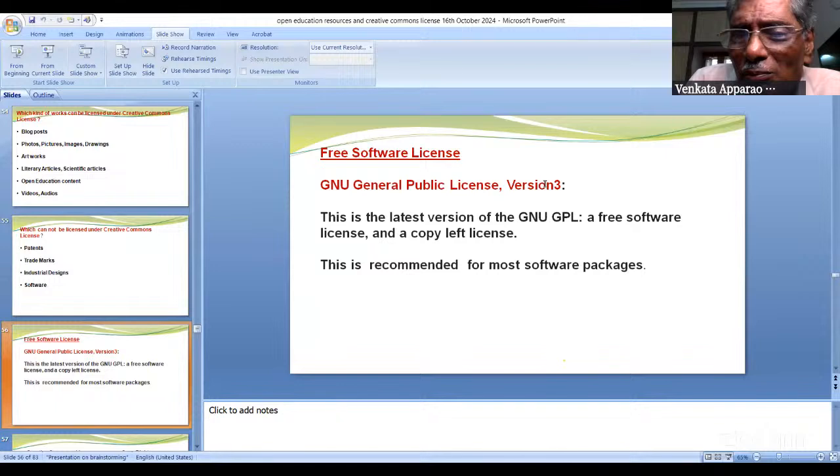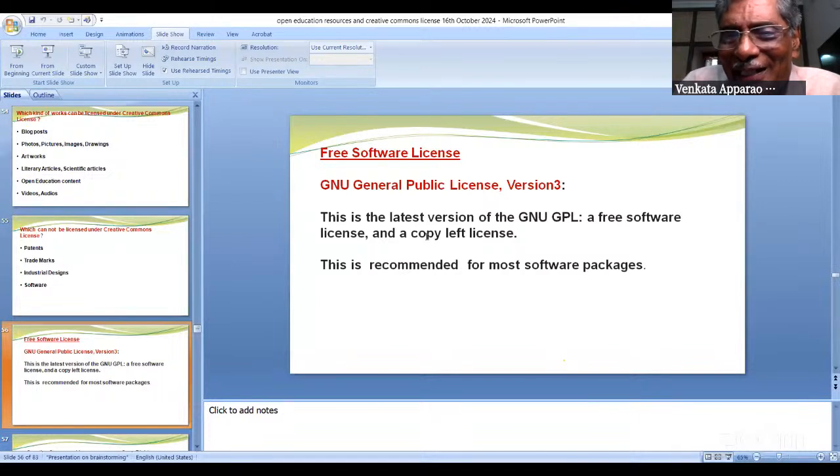So by now, the next version may have come, because this lecture was prepared a few months ago to be delivered in another NEP, right? But GNU General Public License, that you remember. Versions may be updated. This is the latest version at the time of preparation of this lecture. This is the latest version of the GNU GPL, a free software license and a copyleft license.